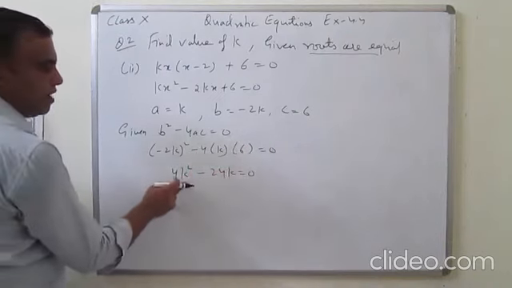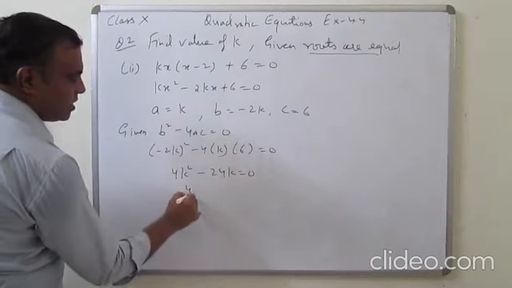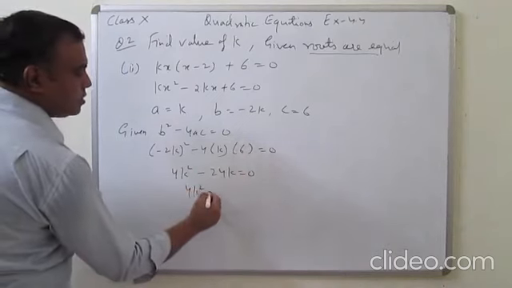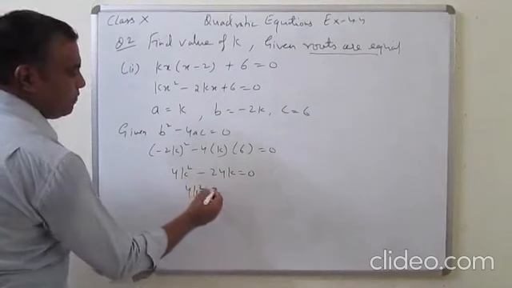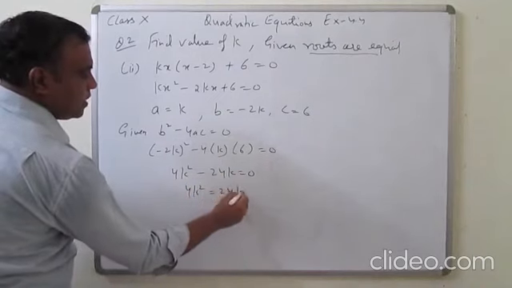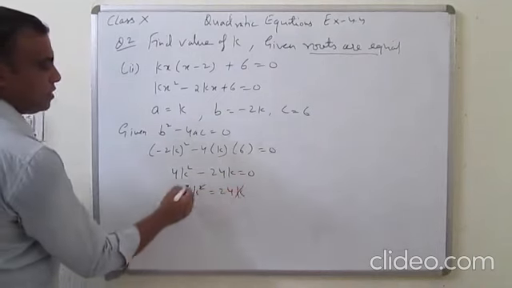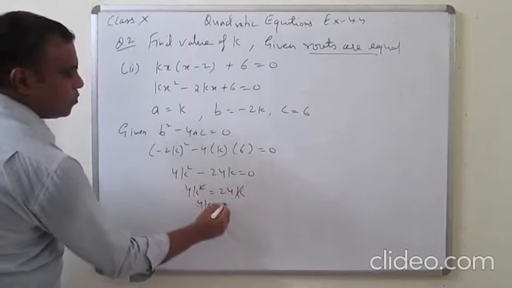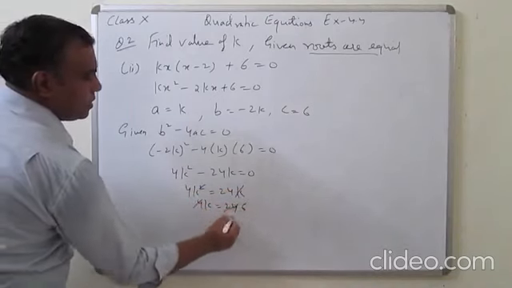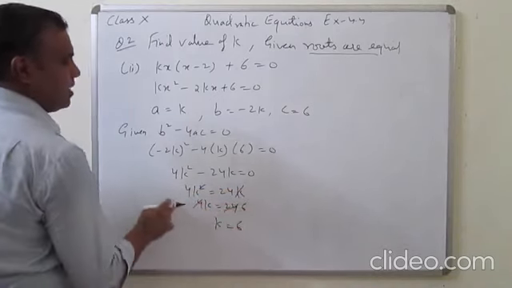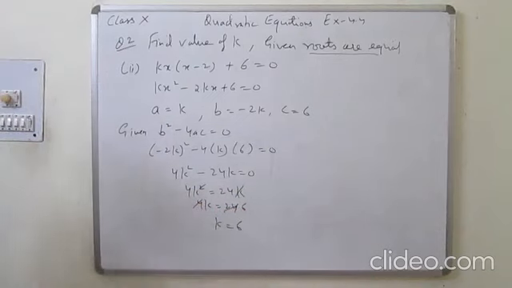So one value is k is 0, or 4k is equal to 24, so k is equal to 6. One value is 0.